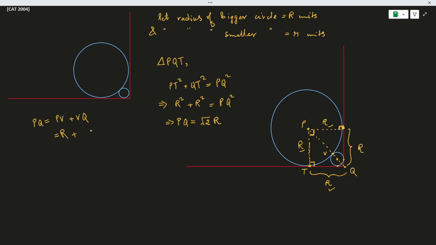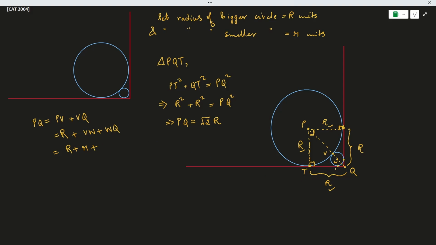Suppose this center is W. So VW plus WQ. What is VW? VW is basically the radius of the smaller circle plus WQ.